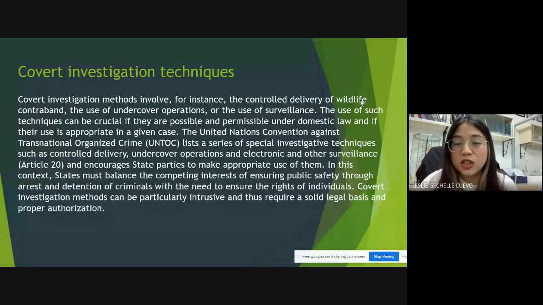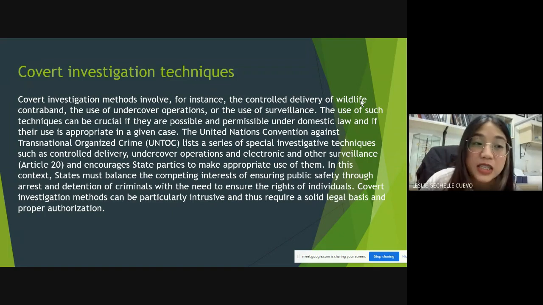Covert investigation techniques. Covert investigation methods involve, for instance, the controlled delivery of wildlife contraband. Siyempre, from their natural habitat, ililipat mo sila. So talagang magdi-deliver ka. The use of undercover operations or the use of surveillance.